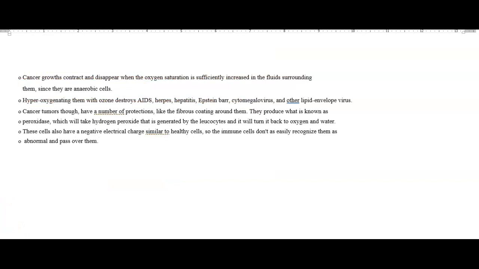Cancer growths contract and disappear when oxygen saturation is sufficiently increased. Why? Because they are anaerobic. So hyperoxygenating them. They can destroy a lot of things actually.